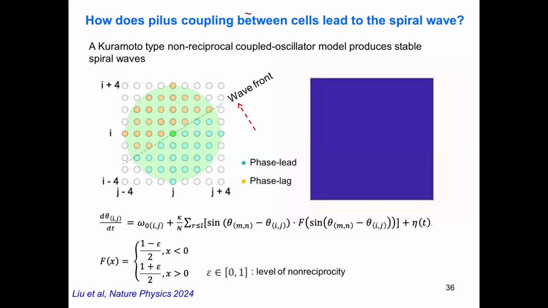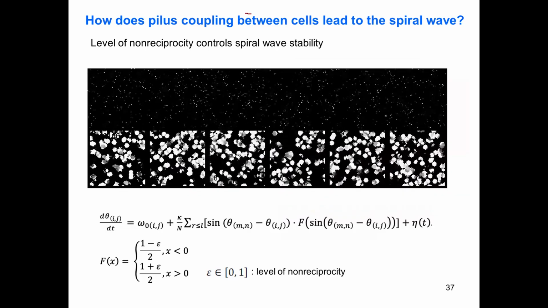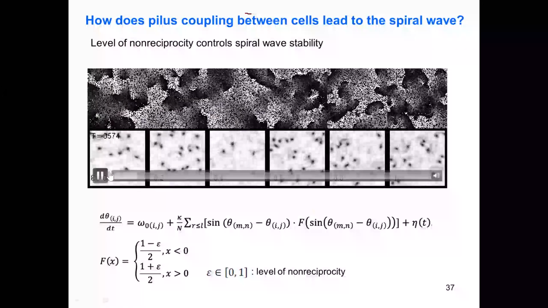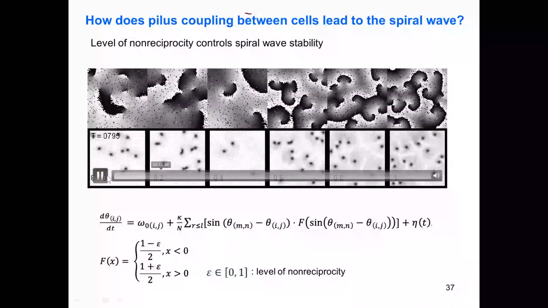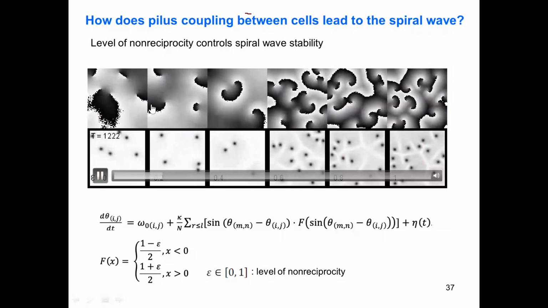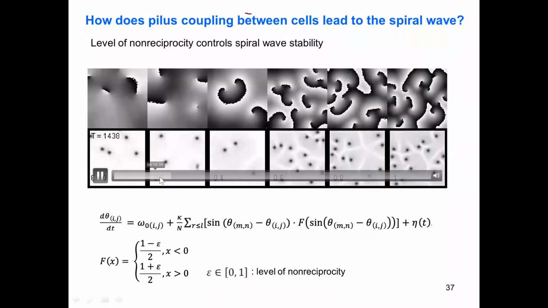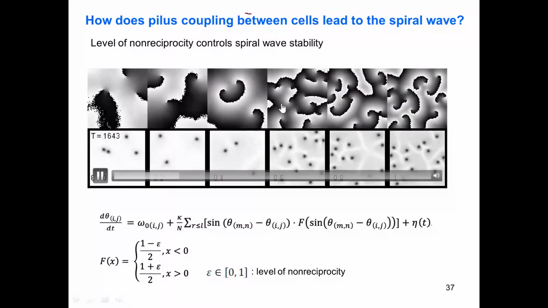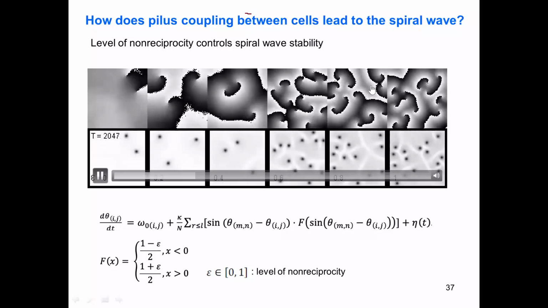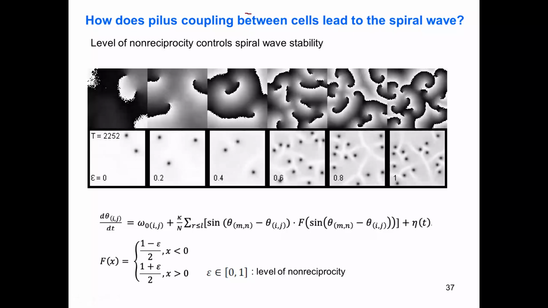Okay, so with this change in the Kuramoto model, we performed simulations and found that the emergence of spiral wave critically depends on the existence of this non-reciprocity. If epsilon is 0, we would not see any spiral wave, but if epsilon is a finite non-zero value, we can see spiral waves that are highly stable, just like what we see in this experiment.